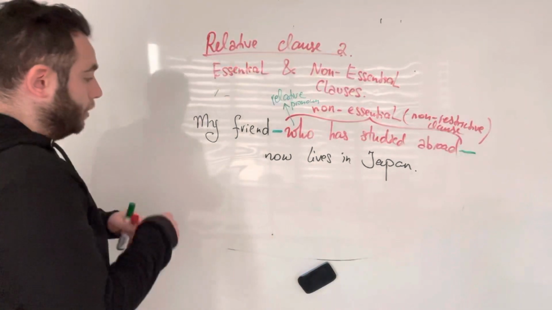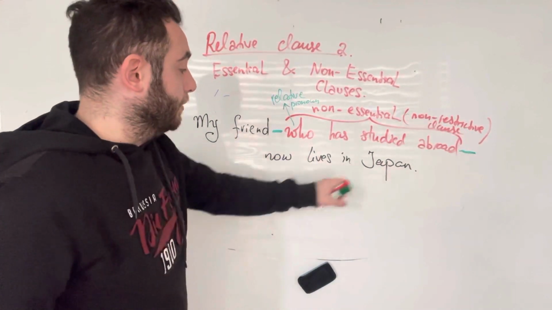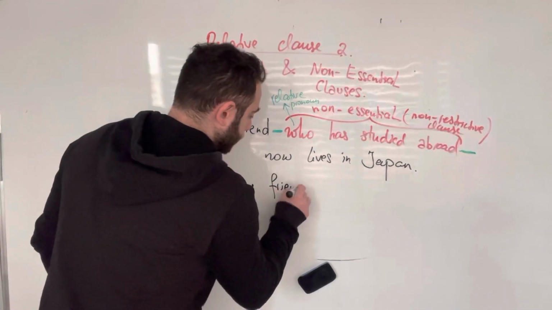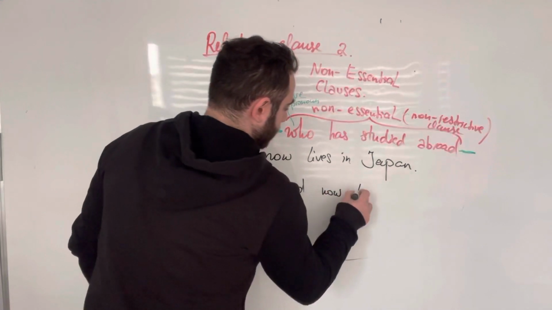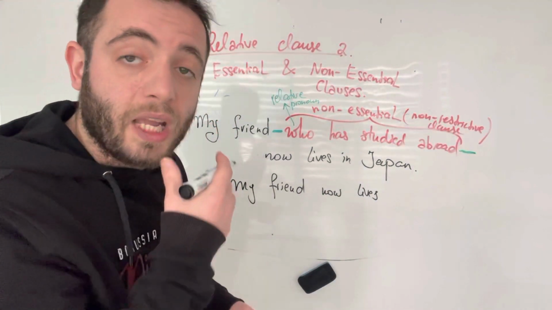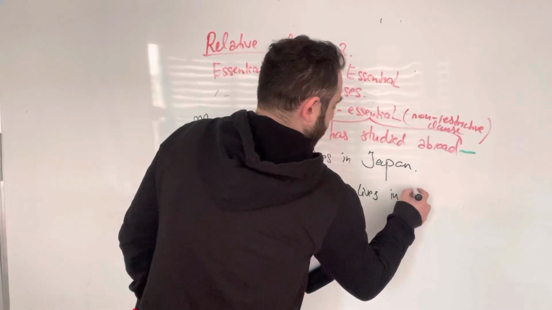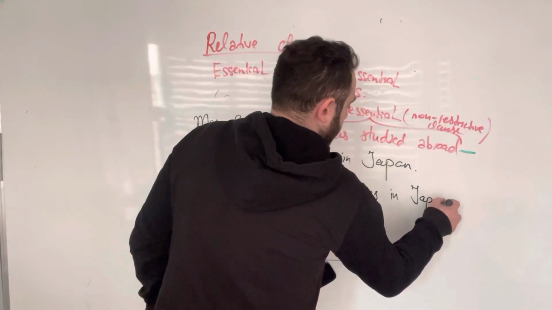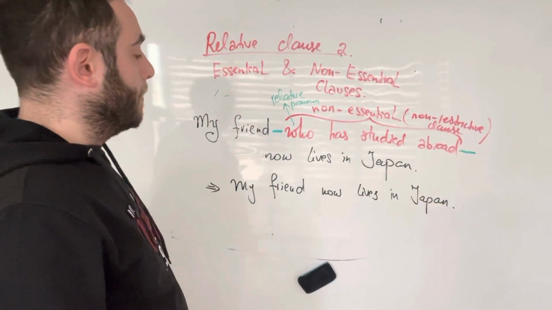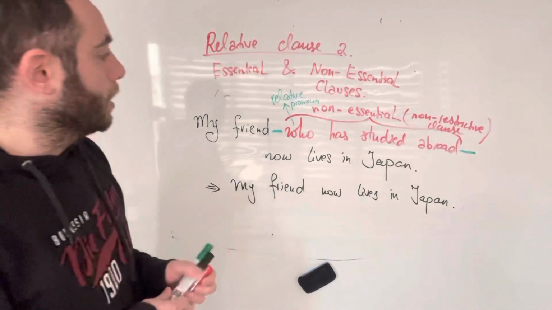Since you got a question just about somebody living abroad, if you just say, my friend now lives in Japan, it will be okay. But this is just additional information here. This is a non-essential or non-restrictive clause in this case.